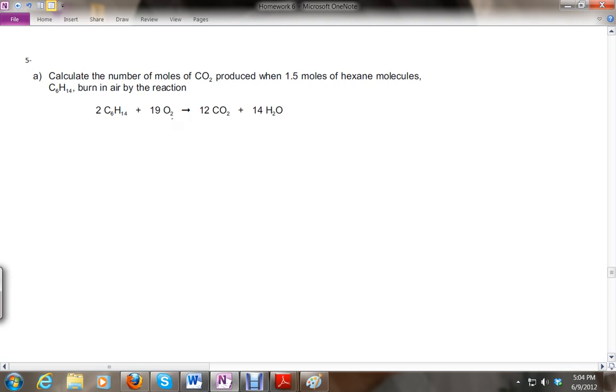1.5 moles of hexane, C6H14. And they're asking to calculate the number of moles of CO2. A piece of cake. 2 moles of C6H14 hexane gives me 12 moles of CO2.